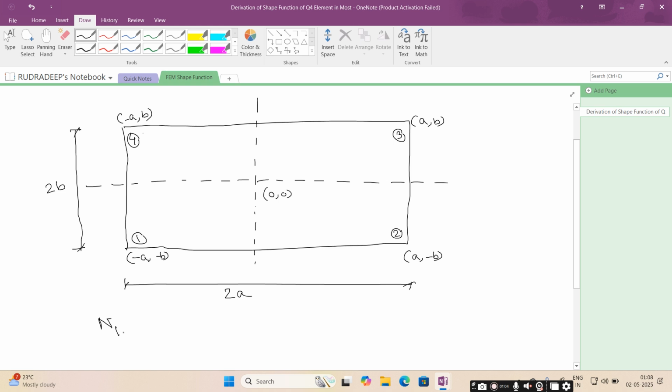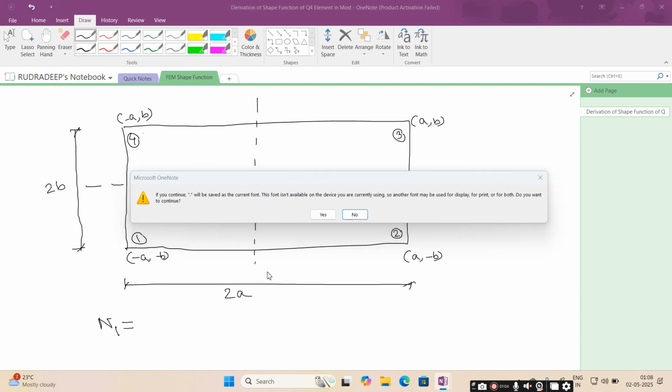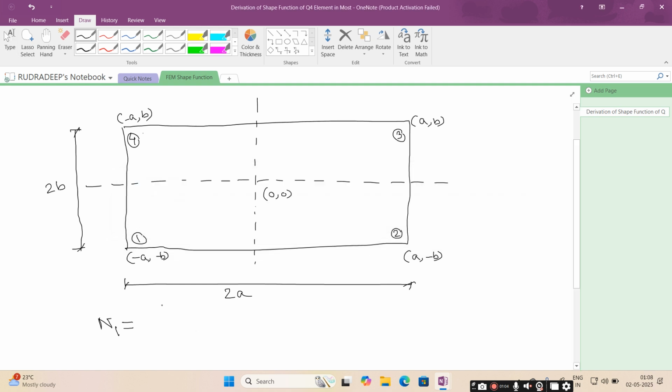Now I will write the shape function for node 1 in such a way that I will take one constant first. Let's take the constant as c1, and for this node 1 I will take the two opposite side line equations.